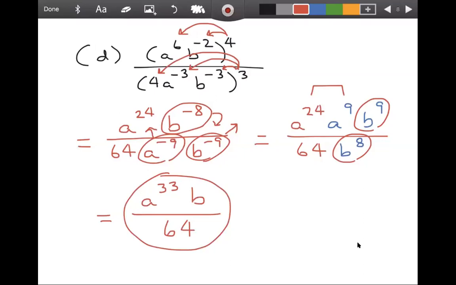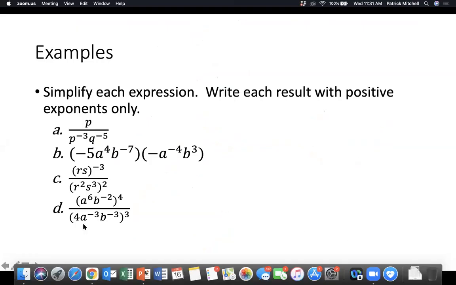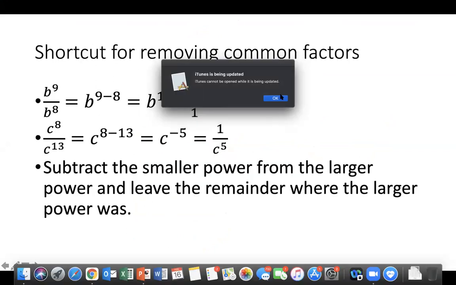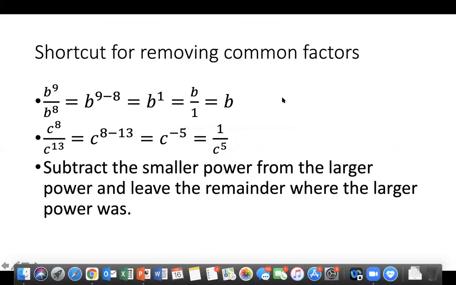All right, back to the presentation. I think this is the time where I tell you about another shortcut. Whenever you have common factors on the top and on the bottom, here are a couple of examples.